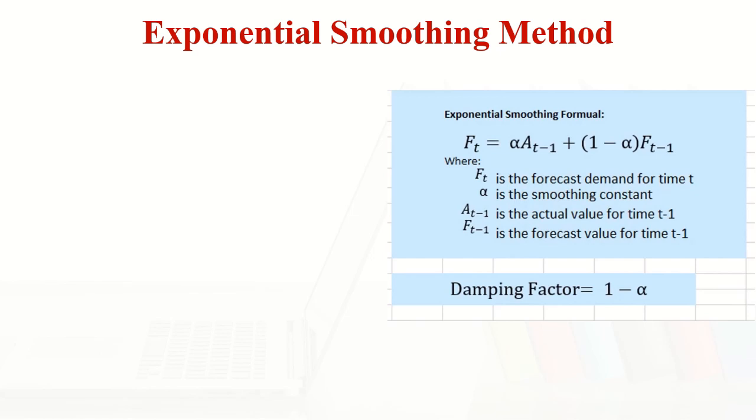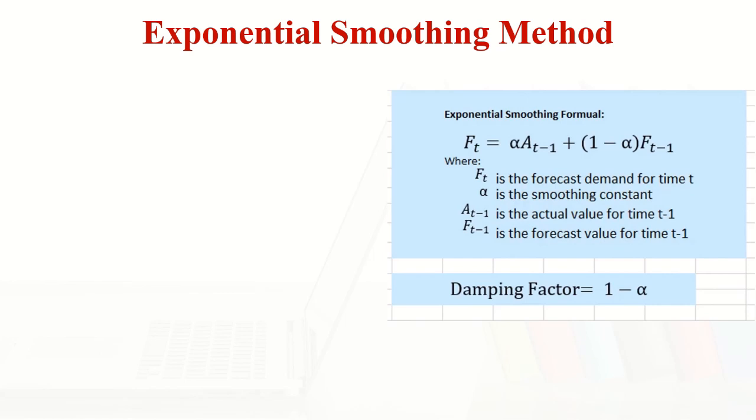And like, Ft is the forecast demand for a particular time t, maybe 5 years, 6 years, 7 years, right? And alpha is the smoothing constant. Actual demand at t minus 1, like if t is 7 years, then t minus 1 means 7 minus 1, the 6th year, is the actual value for the time t minus 1, right?